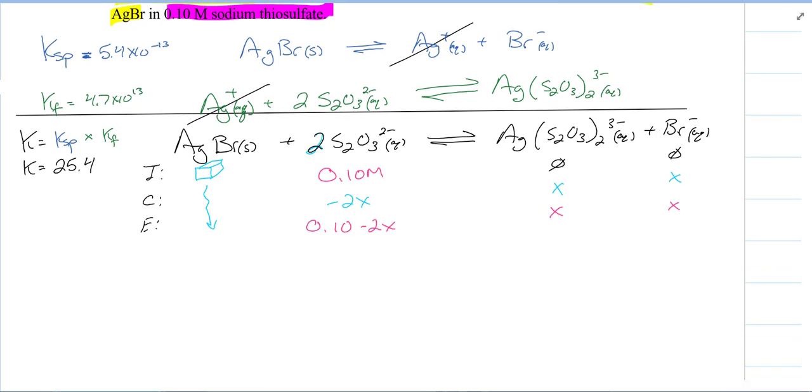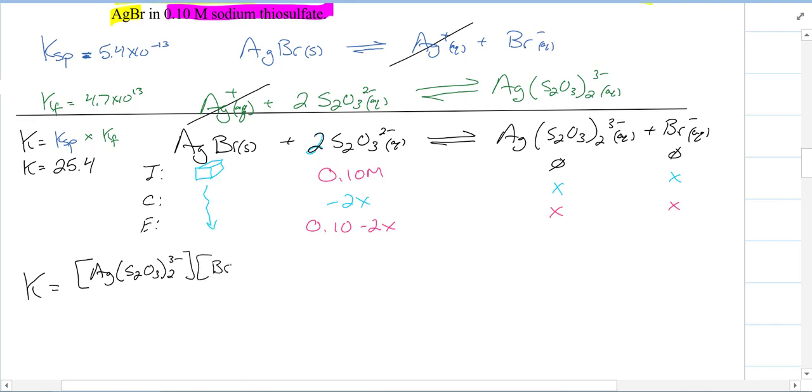What is my K expression? K looks like it would be the concentration of my complex ion, Ag(S2O3)2 3 minus, times bromide, all over concentration of S2O3 2 minus squared.